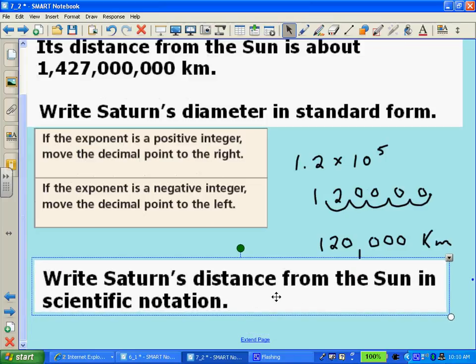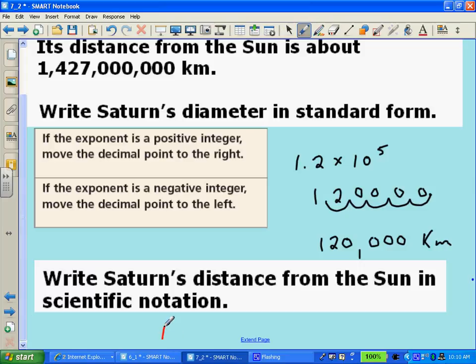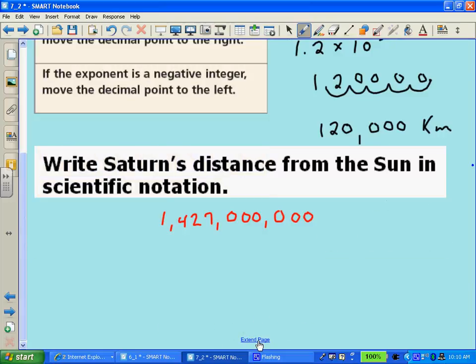Now the next question here says write Saturn's distance from the Sun in scientific notation. Now it gave it to us in standard notation. So what I need to do is, here's where my decimal currently is. Here's where it needs to be for it to be in scientific notation, right?